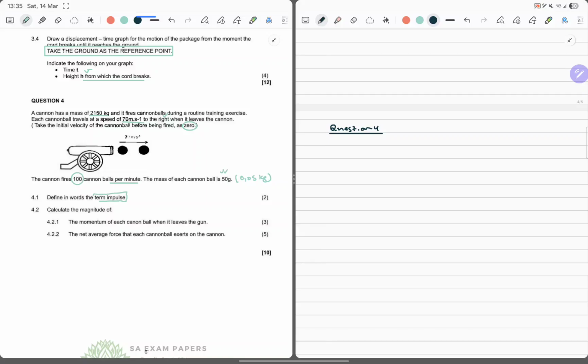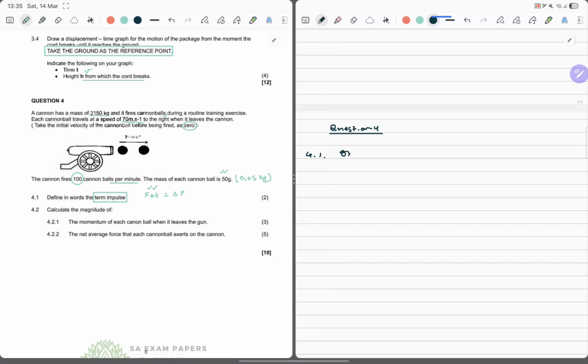Again, guys, we spoke about this, and you can see it's quite a popular question. So 4.1, what is an impulse? We said this is the only formula where you describe the left-hand side instead of the right-hand side. So an impulse is a force multiplied by its time duration of action.